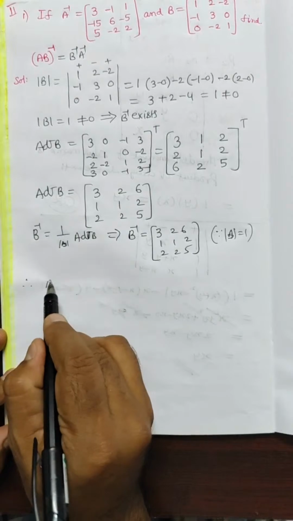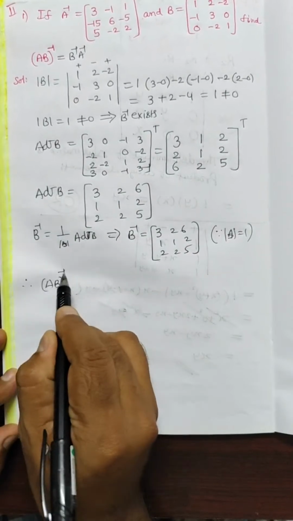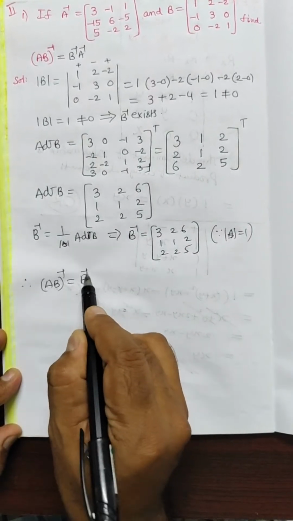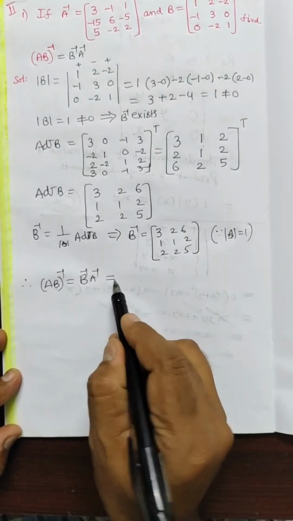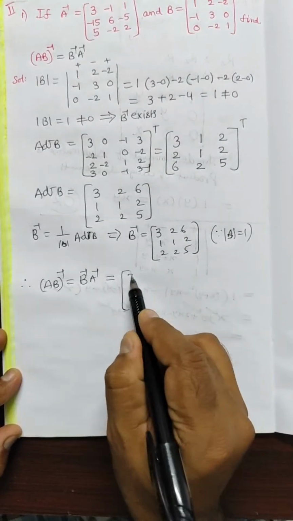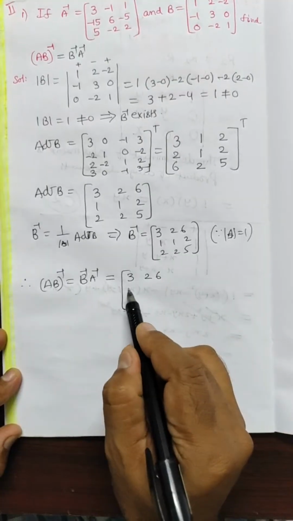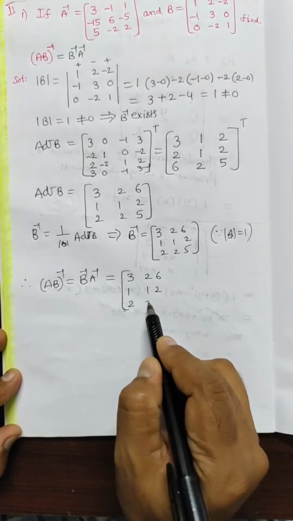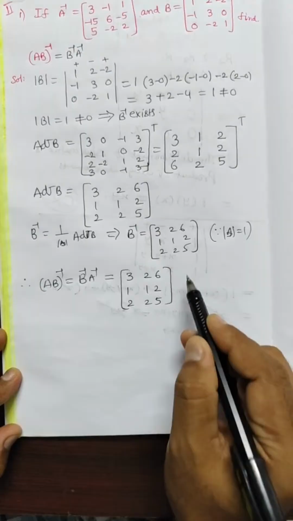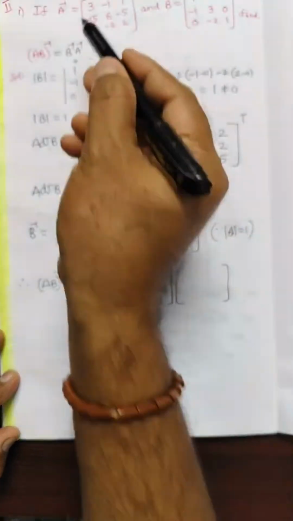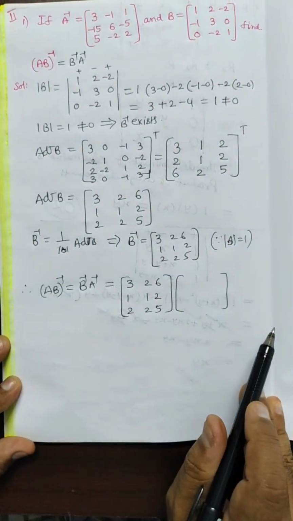So therefore, AB whole inverse is equal to B inverse into A inverse. B inverse we got: 3, 2, 6, 1, 1, 2, 2, 2, 5. And A inverse is given in the question, this is the given question, dear students.